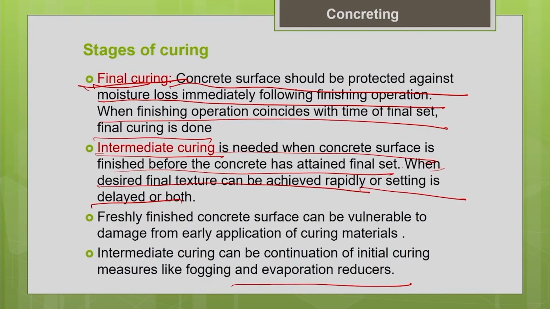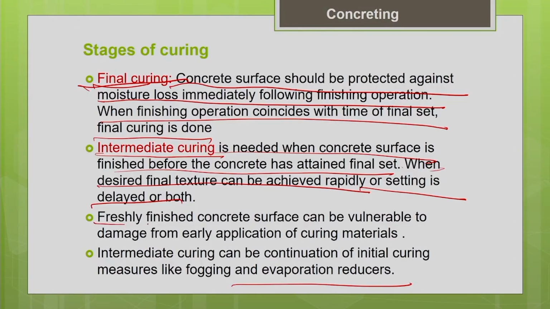So, why do we need this intermediate curing? Because till the concrete attains its final set, it will not be able to receive the final curing methods. Whatever methods we follow for final curing, like application of water, may itself damage the concrete before it has attained the final set.